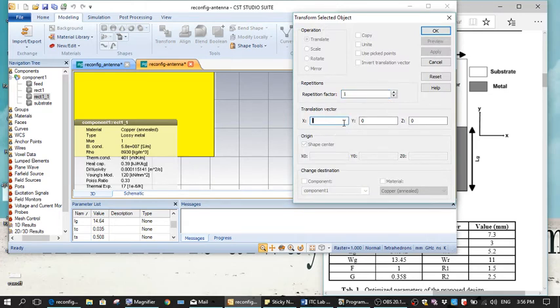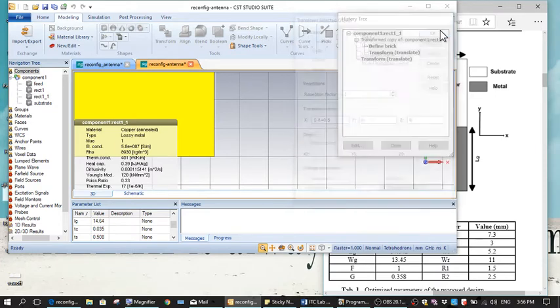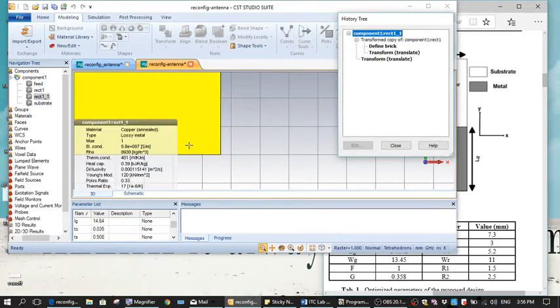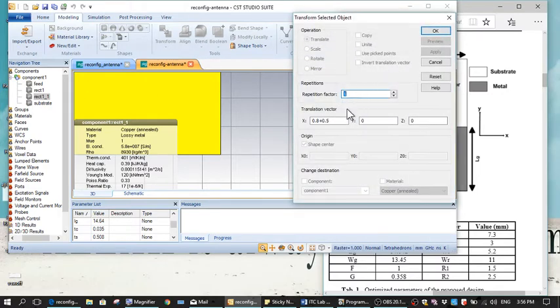It was 0.8. Let's add 0.5 and preview. No, it's not working. So change it to a lesser value, 2.